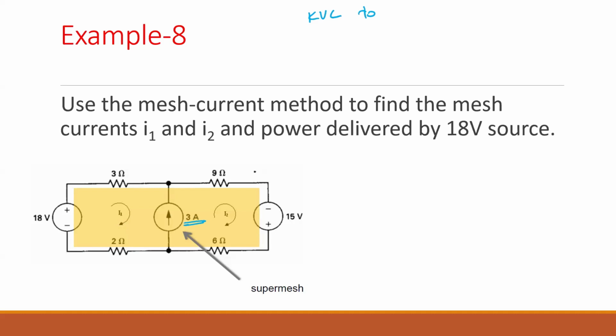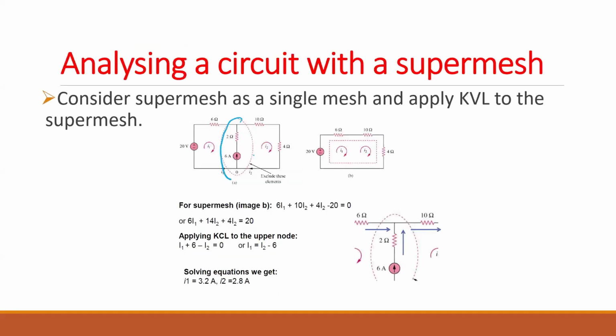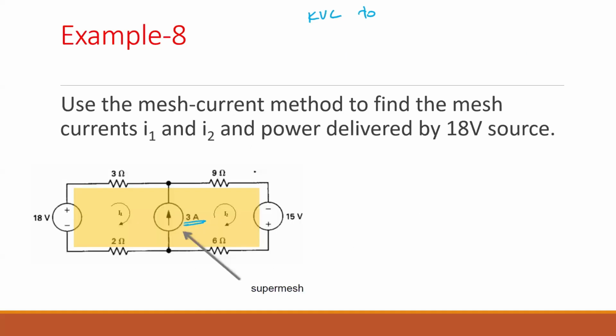Even if you have a current source and a resistor, see, here you have a current source and a resistor. Still, if a current source is shared by two meshes, then you need to combine the two meshes and consider it as a super mesh.